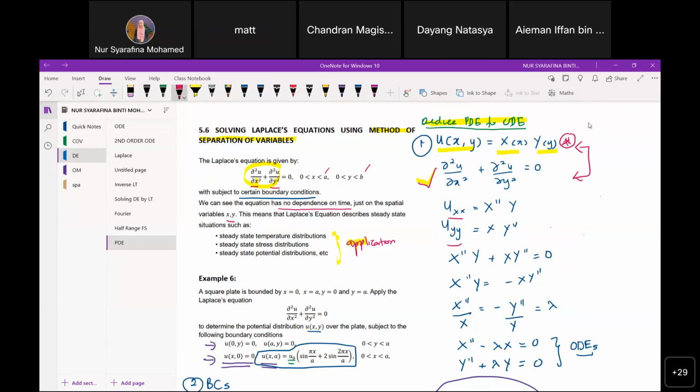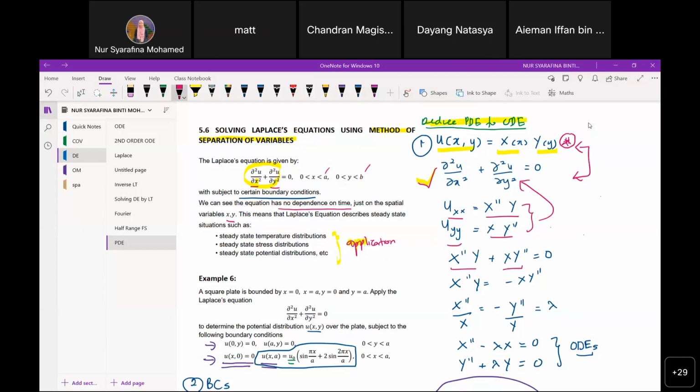Just differentiate the expected solution, then substitute into the PDE. So del squared u del x squared is X double prime Y, plus del squared u del y squared, which is X Y double prime. Then just substitute.